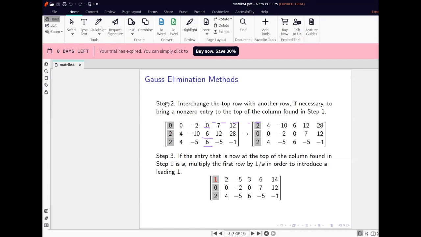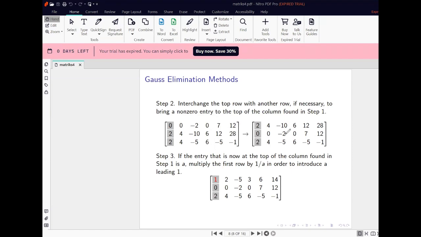Step number 2 is to interchange the top row with another row, if necessary, to bring a non-zero entry to the top of the column found in step 1. In the first augmented matrix here, we interchange the second row with the first row.